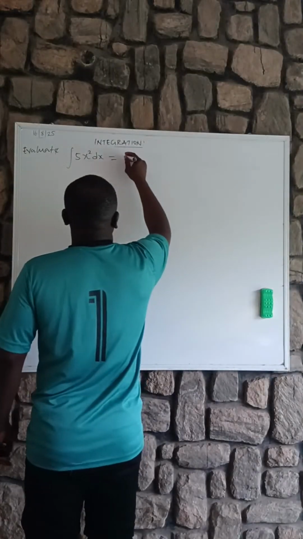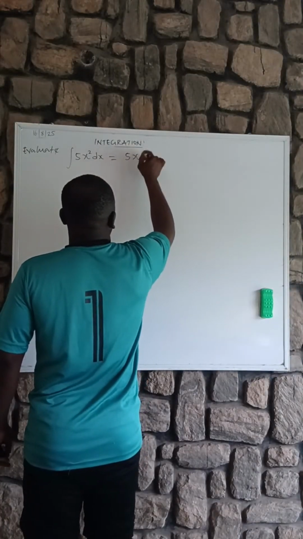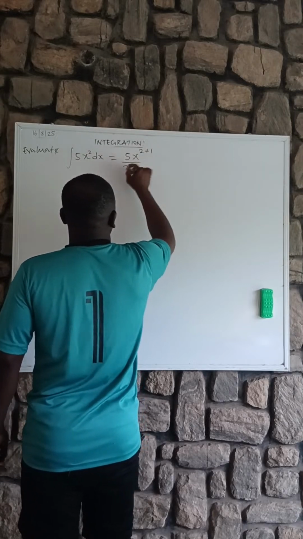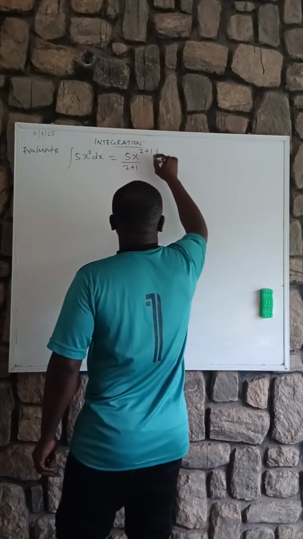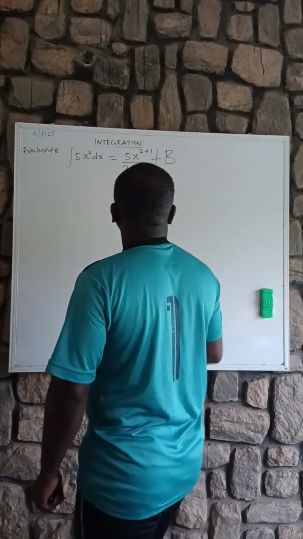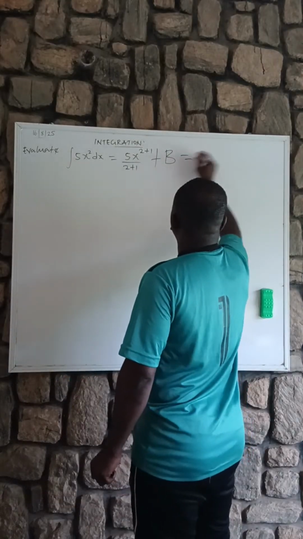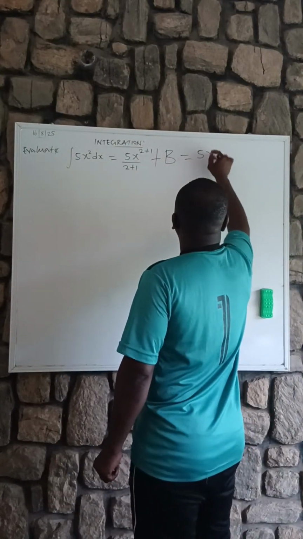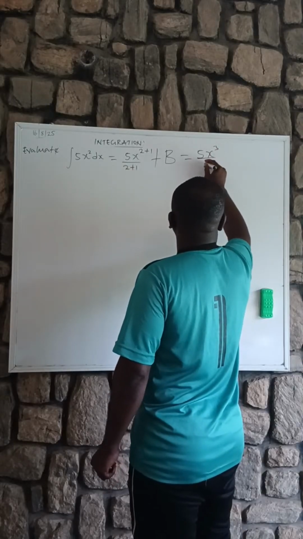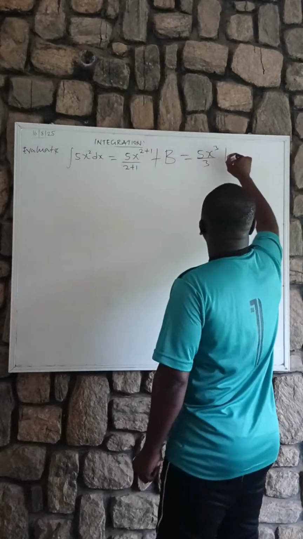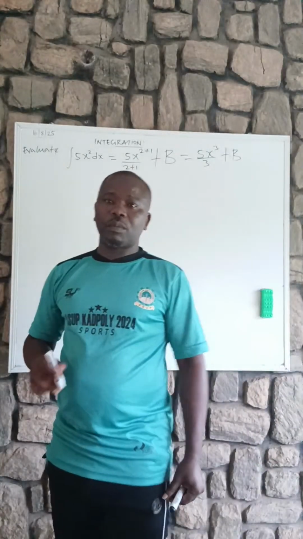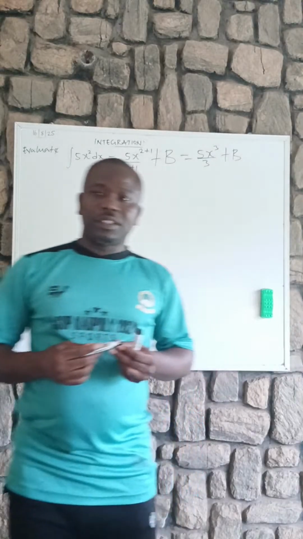Using the formula, it means 5x raised to the power of 2 plus 1 all over 2 plus 1 plus any constant. Then this is equals to 5x raised to the power of 3 all over 3 plus b. True or false? It's true.